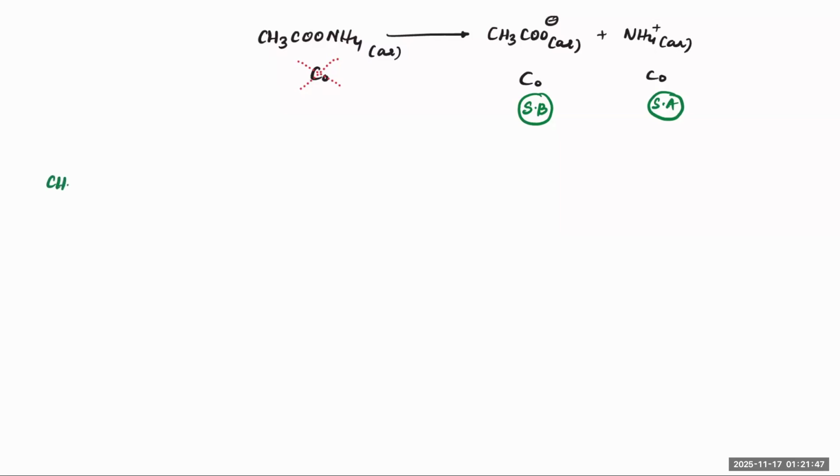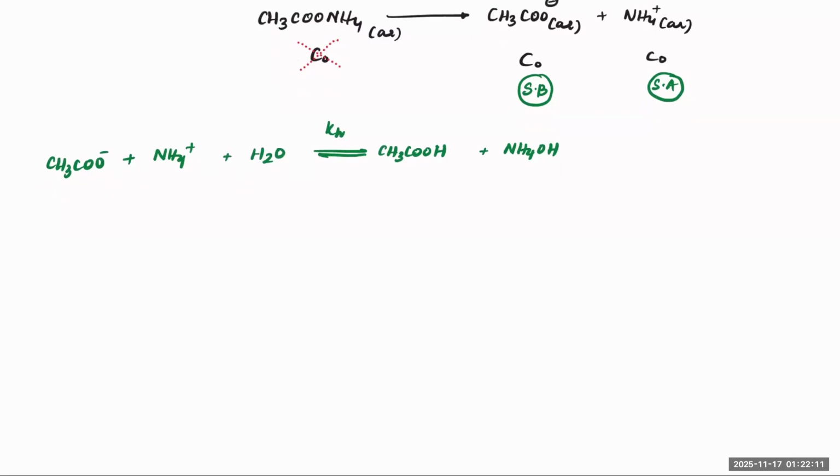So if we have CH3COO minus plus NH4 plus, that together can react with water to take H plus towards acetate and OH minus towards NH4 plus. And this equilibrium constant is what we call the hydrolysis constant in this case.